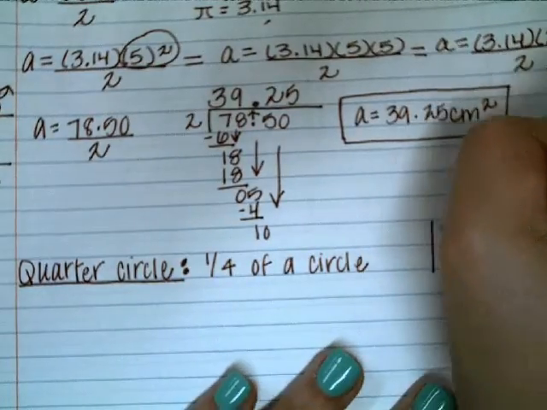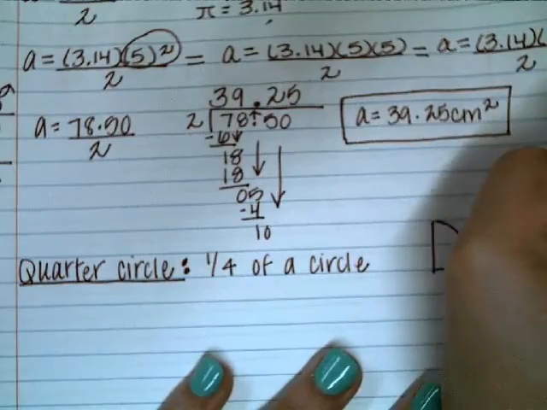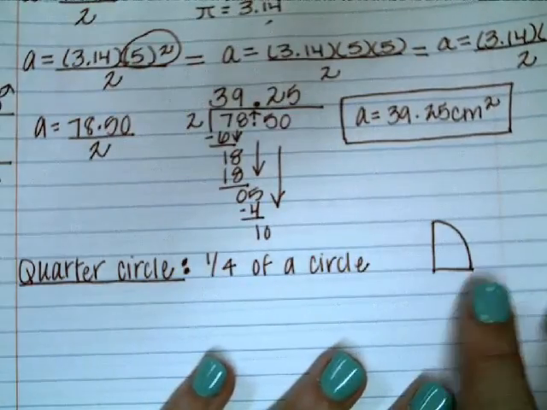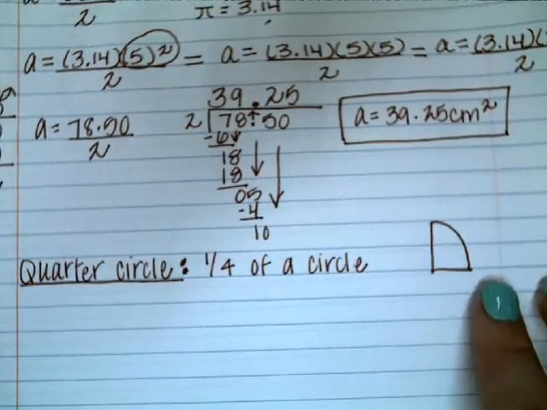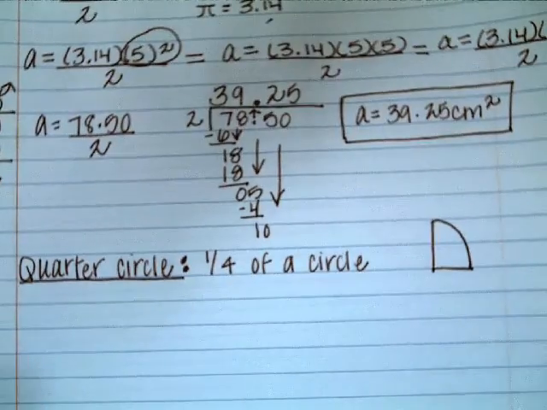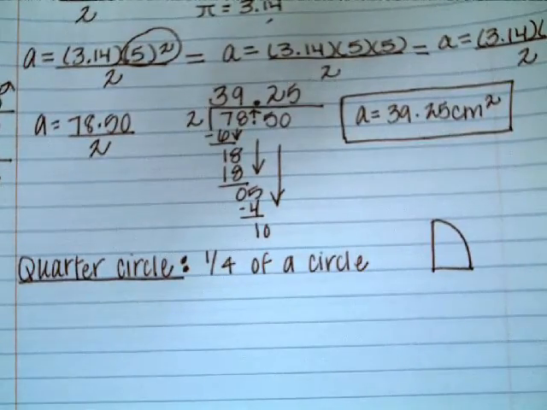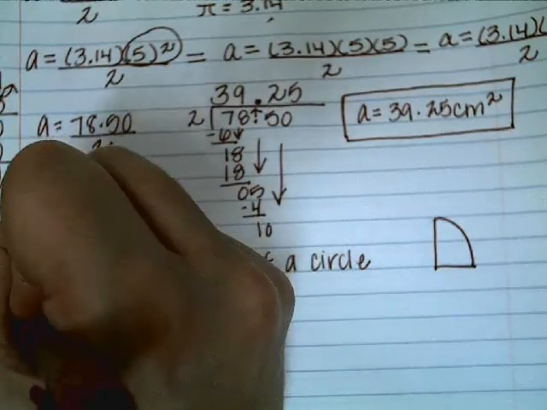So essentially it's half of your half. I can't draw it perfectly, but it's going to look similar to this. So if a quarter circle is 1/4 of a circle, this time, instead of dividing by 2, we're going to divide by 4.